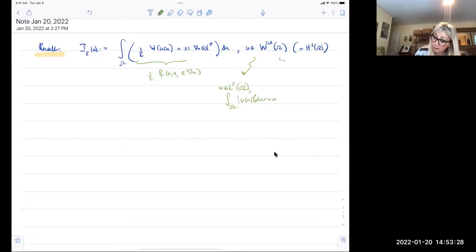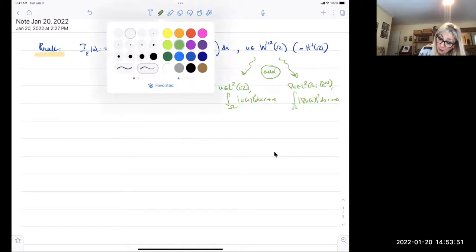And on the other hand, that's an "and", the gradient of u is also in L2 of omega with values in R^n. And so basically the integral of grad u squared is finite. That's what W^{1,2} stands for.